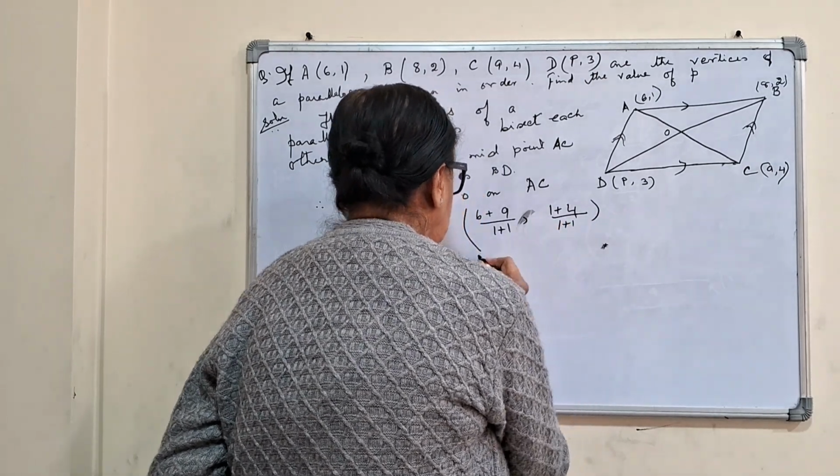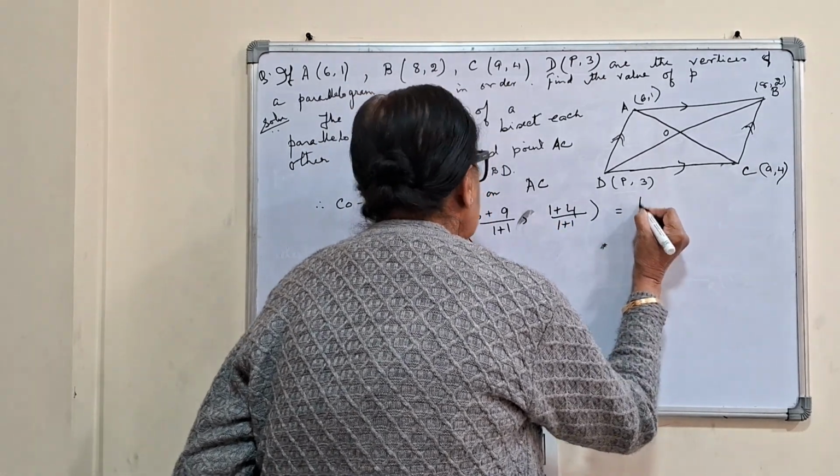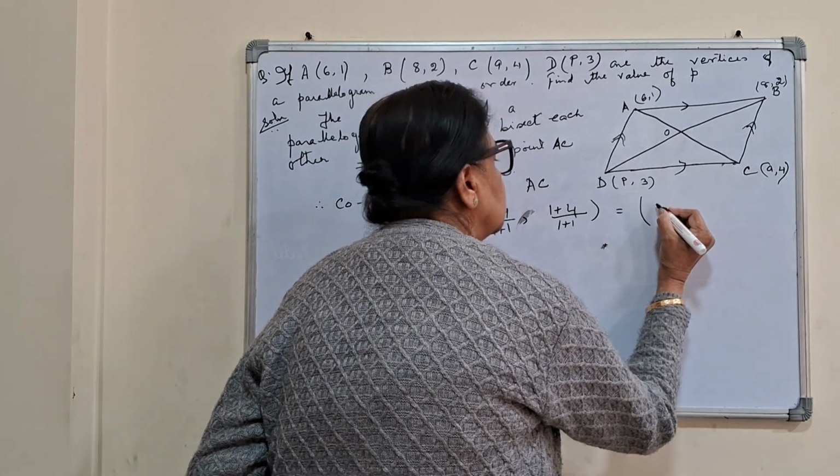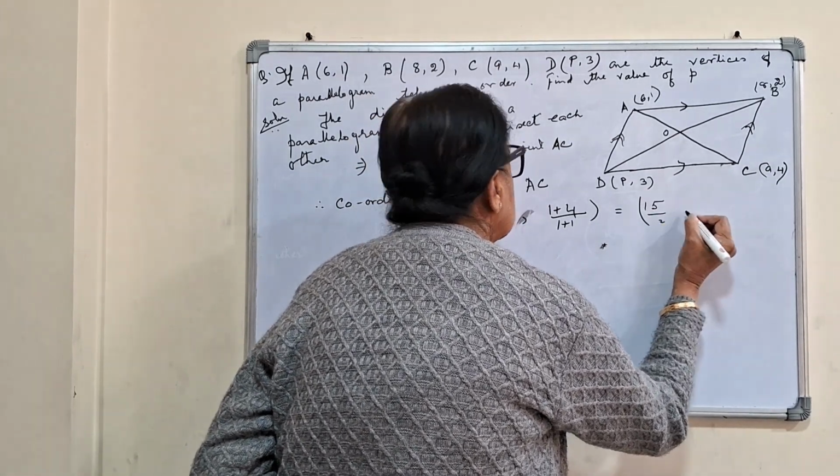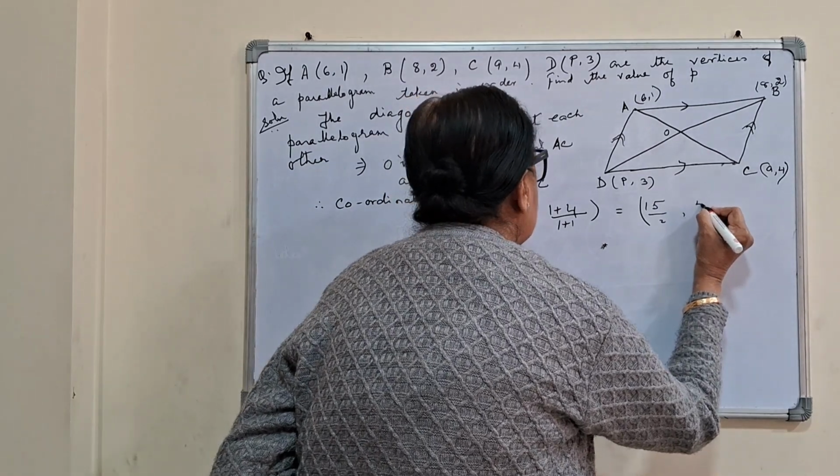Implies, that is 15 by 2, comma, 5 by 2.